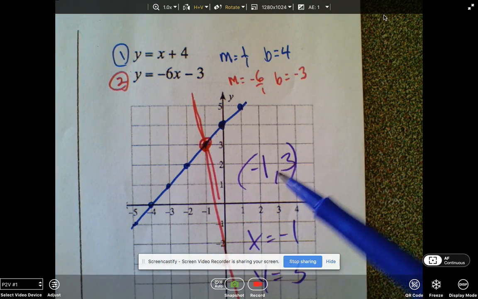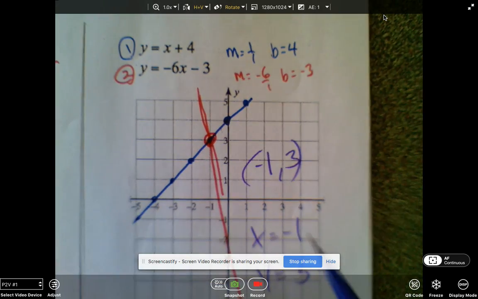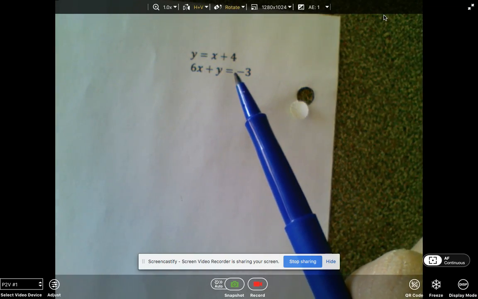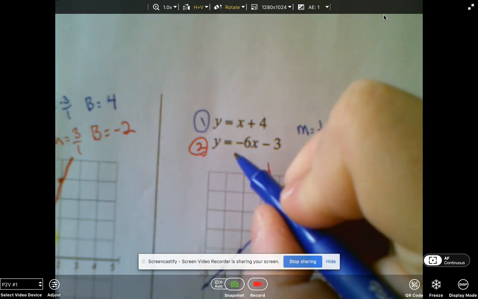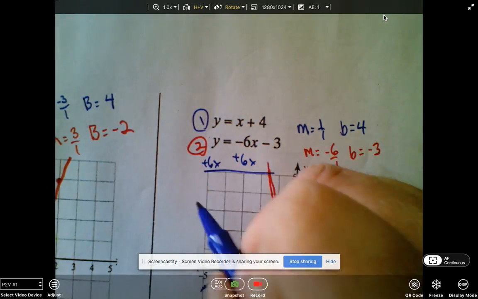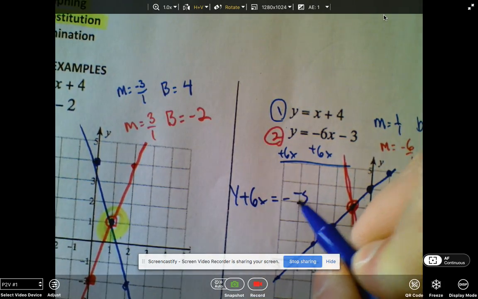All right, so the next one, yesterday we did this one by graphing. It was negative 1, comma 3. So y equals x plus 4, I didn't change that one at all, but just to make the substitution a little bit more difficult, what I did here was I added 6x to both sides. So then I rewrote the equation as y plus 6x equals negative 3.